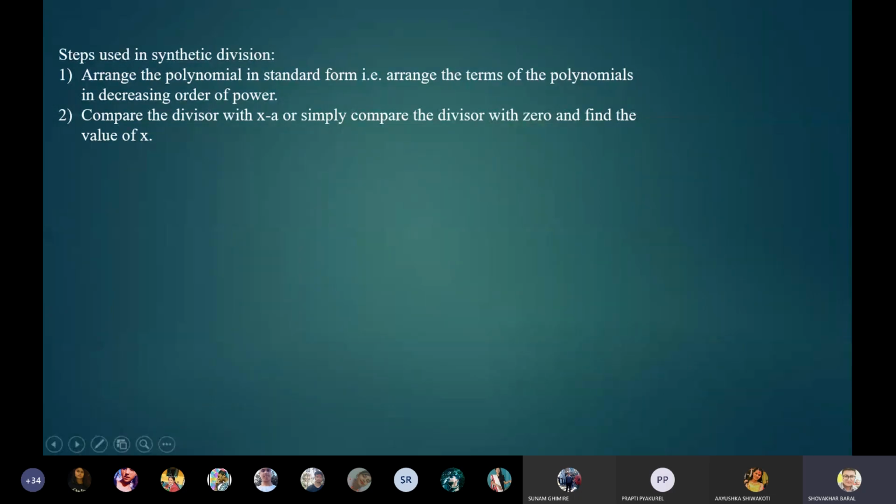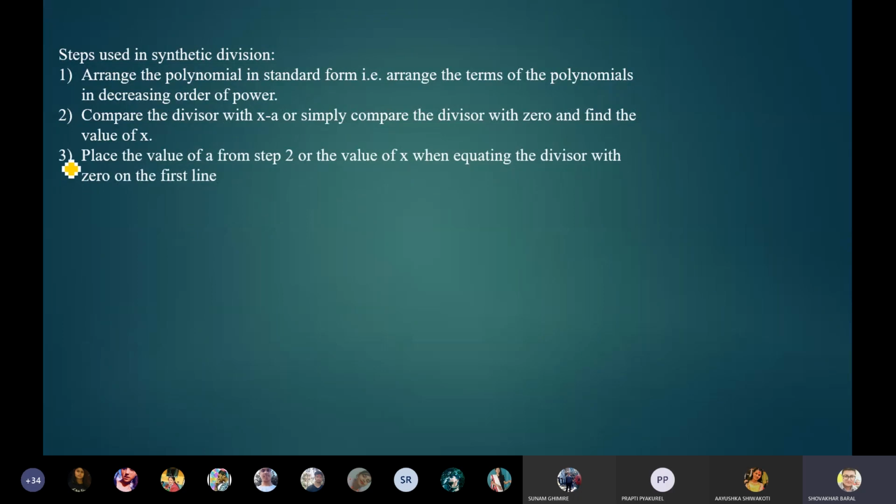Okay, now step number 3, place the value of a from step 2. This I'm talking about this value a. Place the value of a from step 2 or the value of x. If you do this by this method, then you will get the value of x. Either you may use any one method.